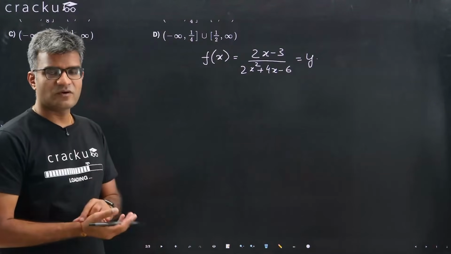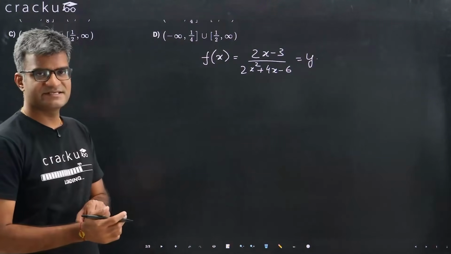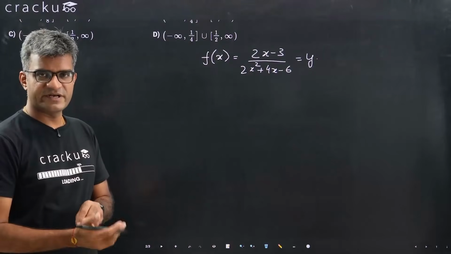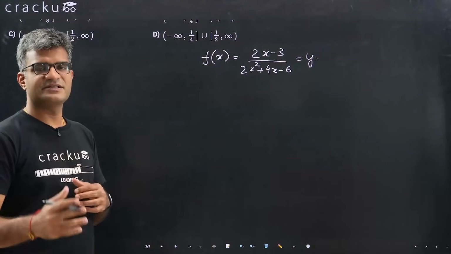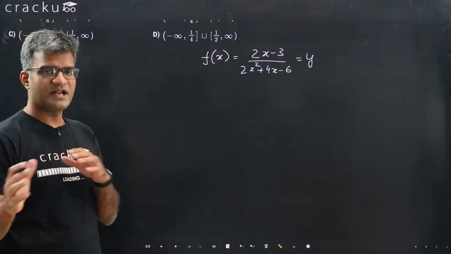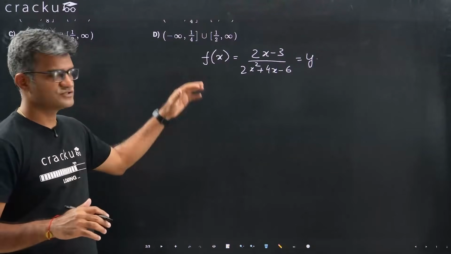Now we will find a quadratic equation in x, and because we know that x has to be real, we will ensure that the discriminant of that quadratic equation will be greater than or equal to 0. We will again explain it in detail as the solution comes.